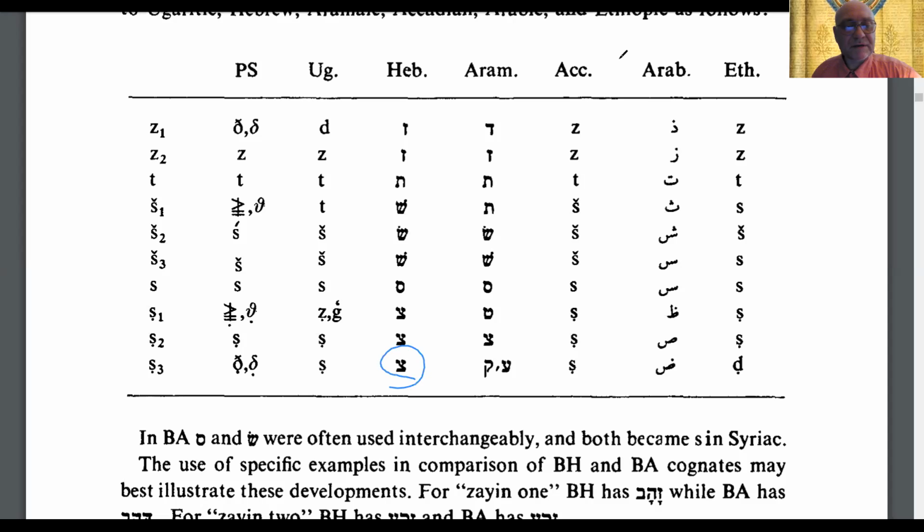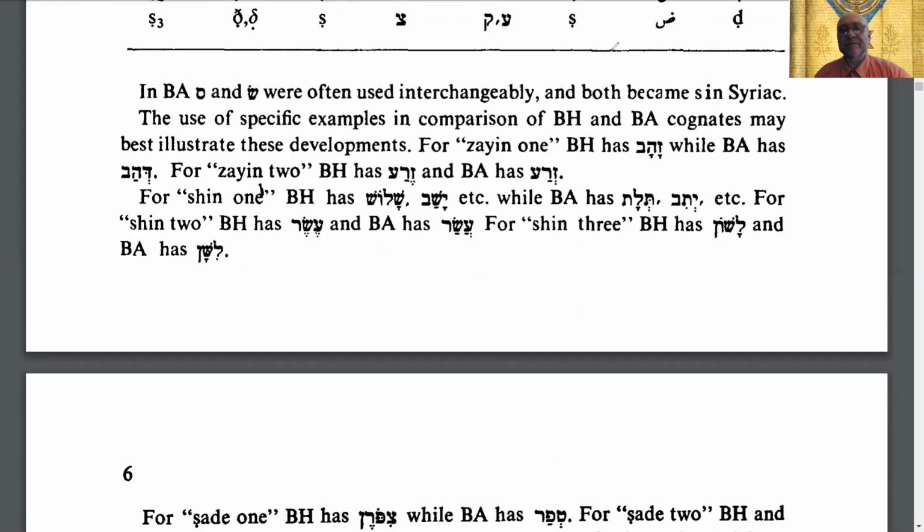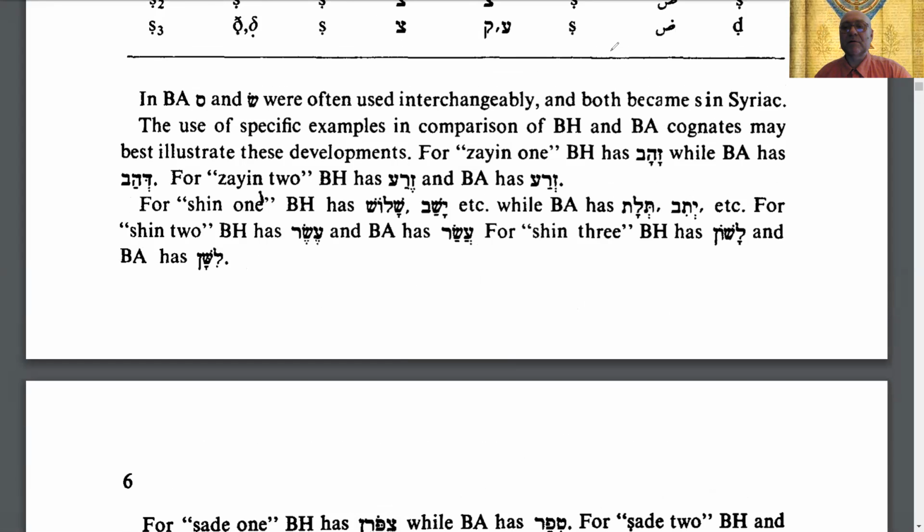Another Tsadi. Also, we have some variation there. We've got Qof, just kind of a Q sound, and an Ayin, sort of a silent one there. So it looks like some of these do have some variation between Biblical Hebrew and Biblical Aramaic.